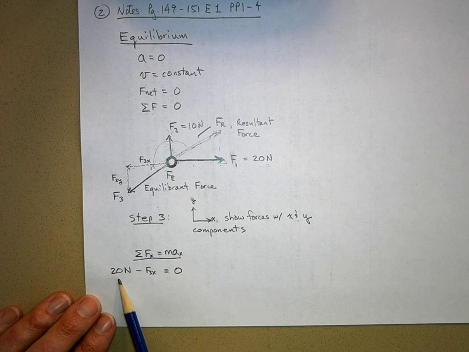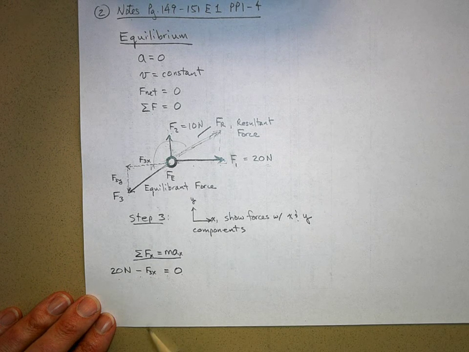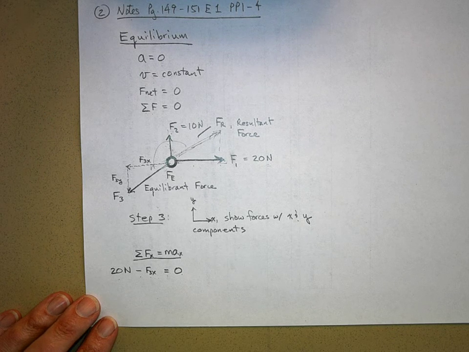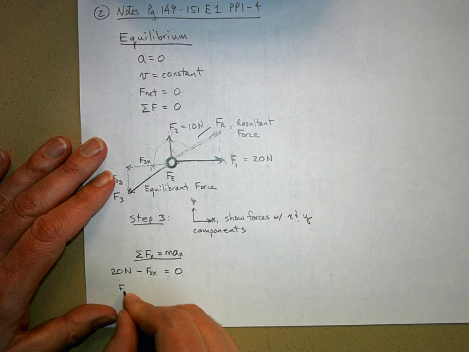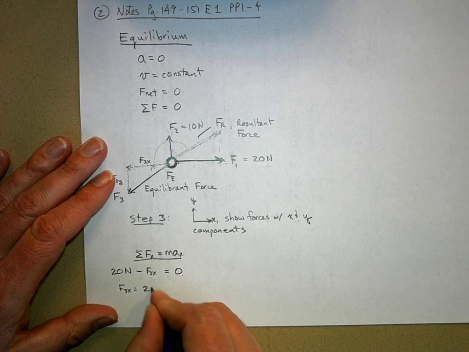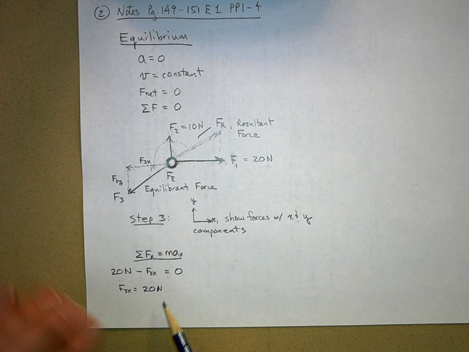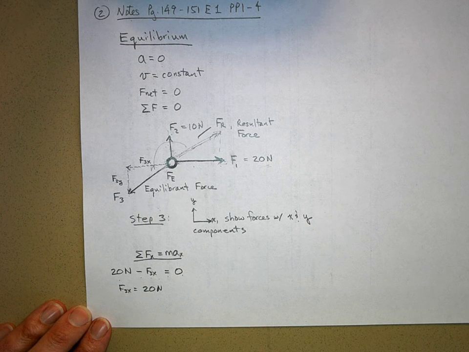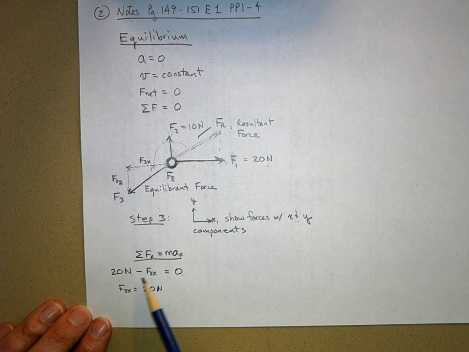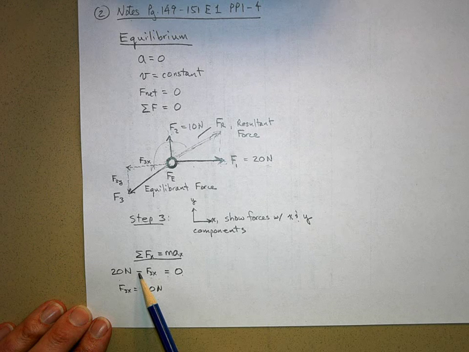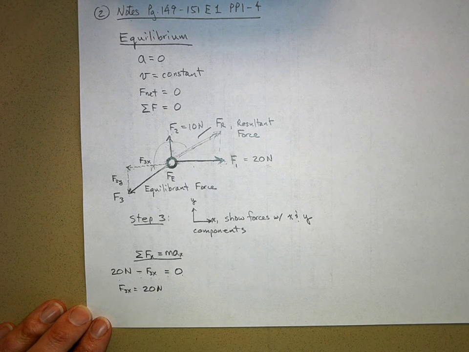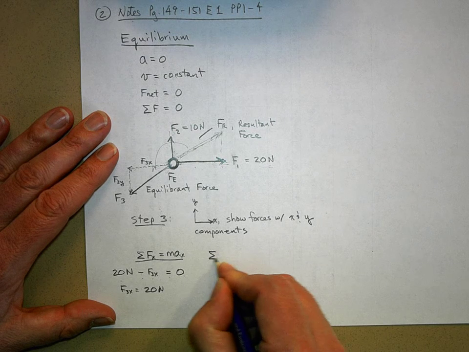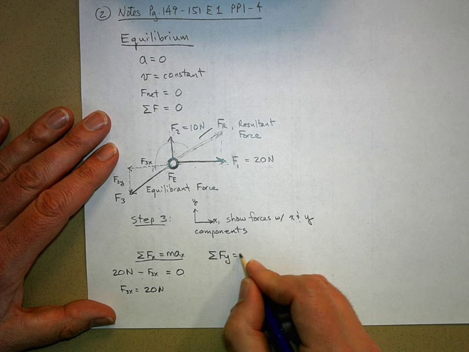If 20 newtons minus F3 in the x is equal to 0, what is true about F3 in the x direction? It's equal to 20 newtons. And by the way, what direction is it in? It's to the left. Which normally means I would put a negative sign here, but I already put the negative in there. But let's just stipulate, I know it's to the left.